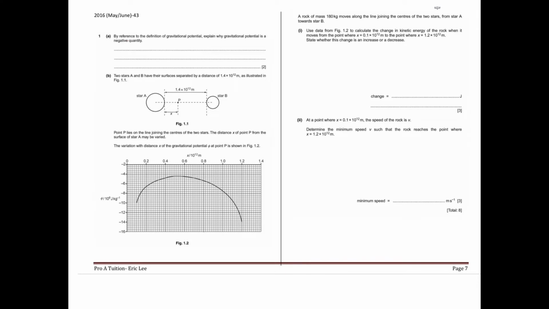So first of all, you have to say, first point, there are 2 points here, as you can see. So first you say gravitational potential at infinity is 0.